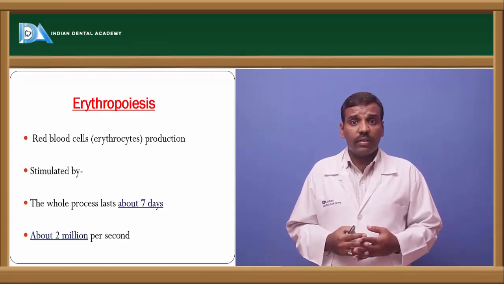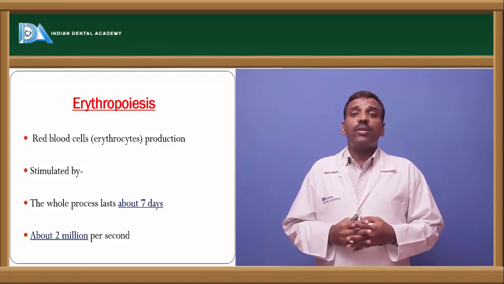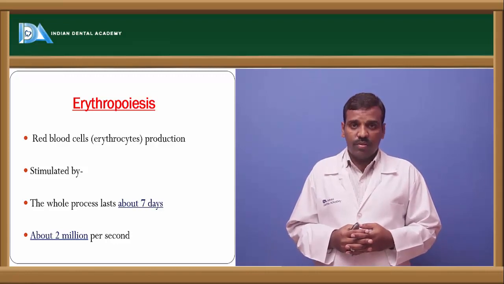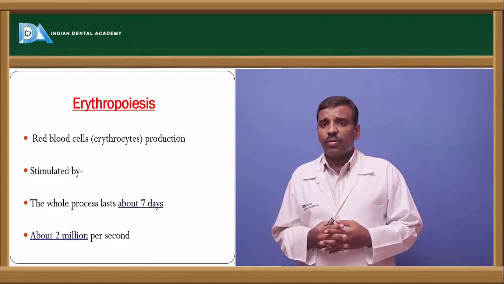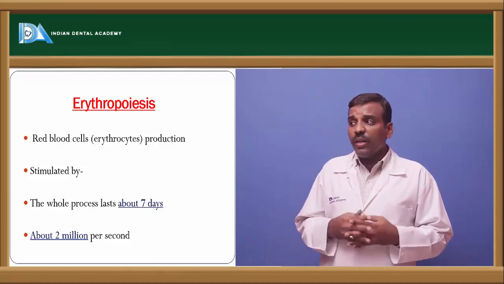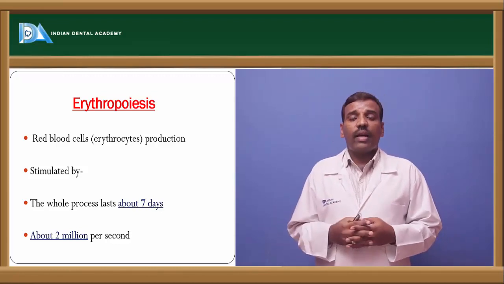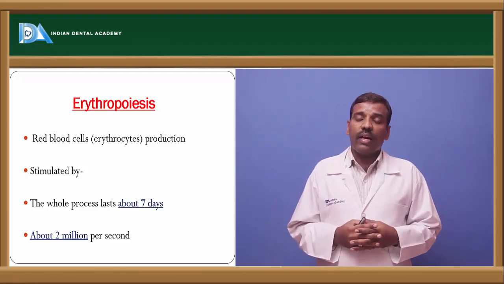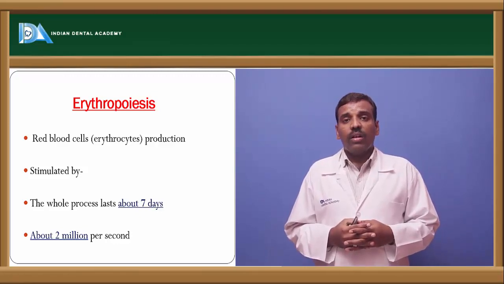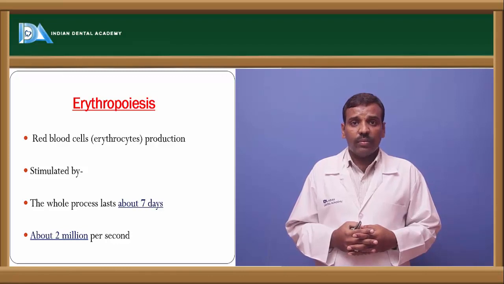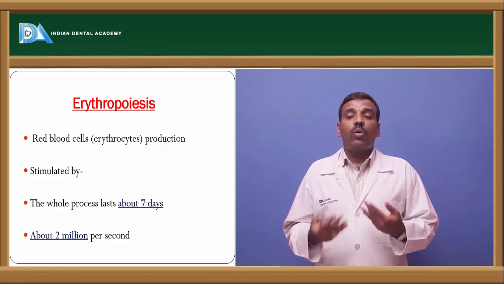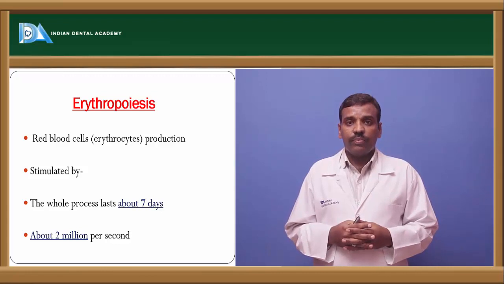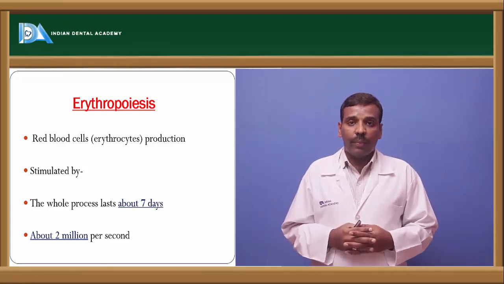Erythropoiesis is nothing but the generation and the development of the RBCs. If you see this generation and development of the RBCs, it is stimulated by 2 types of factors. One is central factors and another one is general factors. General factors are like hypoxia, anemia, low level of oxygen and hypovolemia.